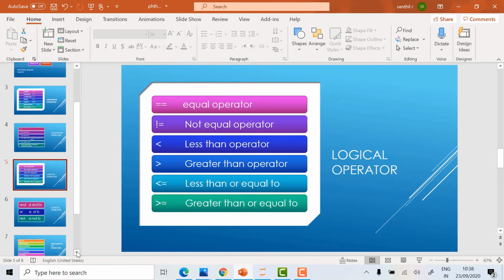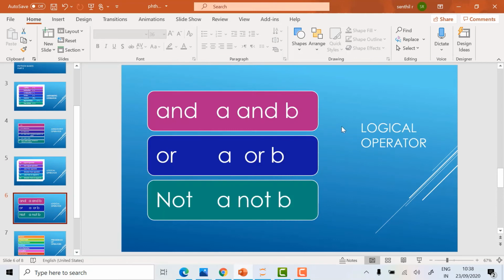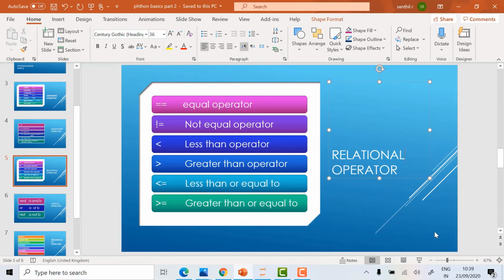There's nothing to explain here. Friends, this is a relational operator, not logical. You will understand it when it is used in a program.